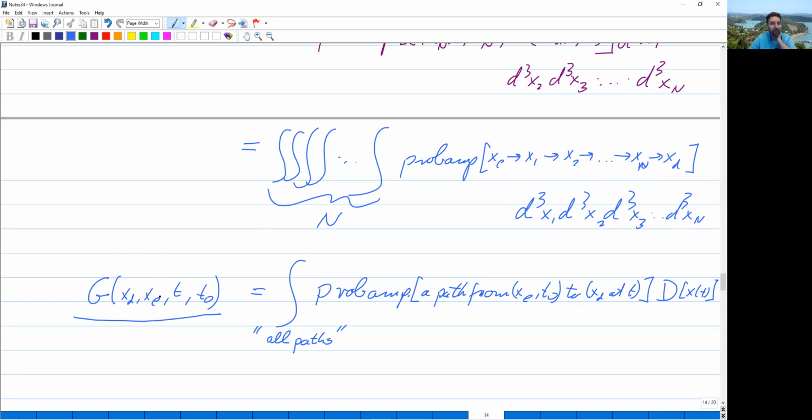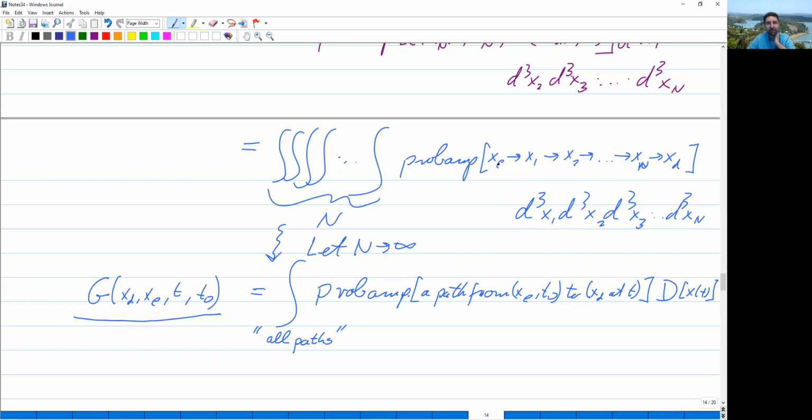And here we have a way to express the Green's function as an integral, where we're not integrating over numbers, we're integrating over paths. If you spell it out, it's this infinite product of integrals. Infinite, why? Well, of course, we let n go to infinity so that we can obtain smooth paths, right?